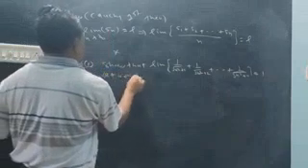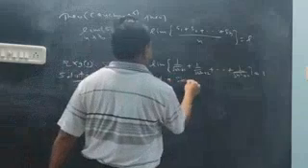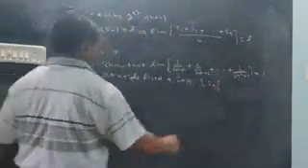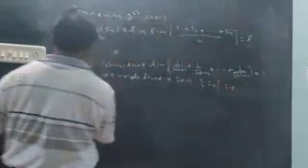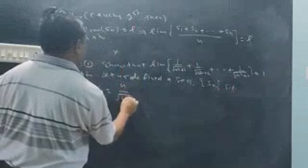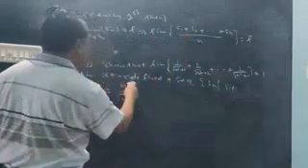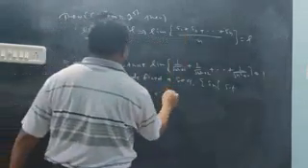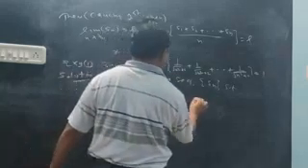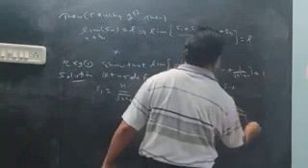So let us define a sequence Sn such that its first term S1 will be n upon root of n square plus 1, because I want upon n, that will be cancelled for this. S2 will be n upon root of n square plus 2 and Sn will be n upon root of n square plus n.